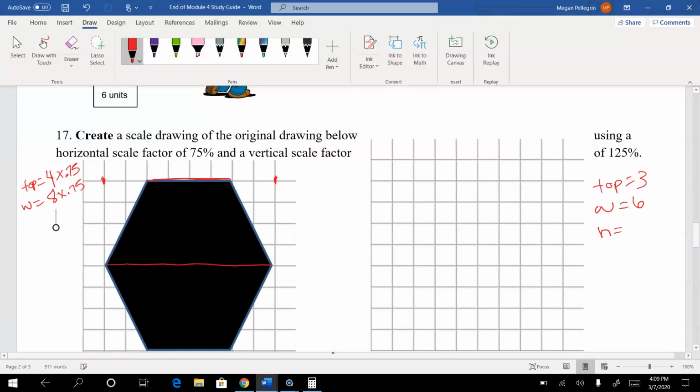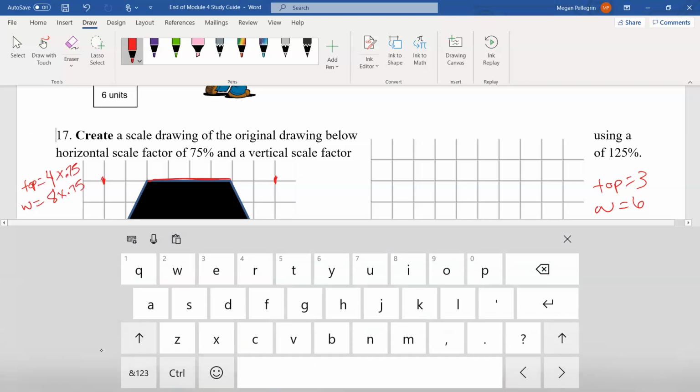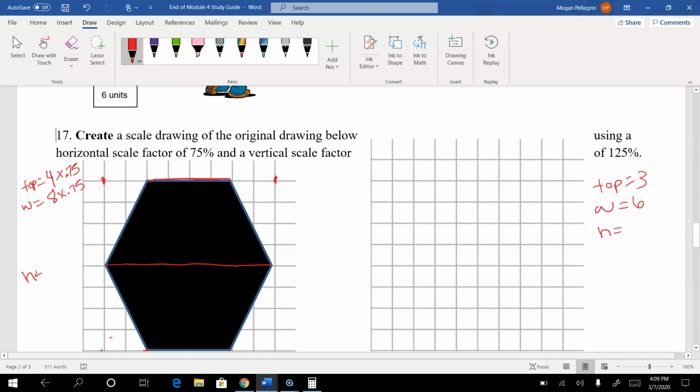And then our original height, counting from here to here. 1, 2, 3, 4, 5, 6, 7, 8 is 8.